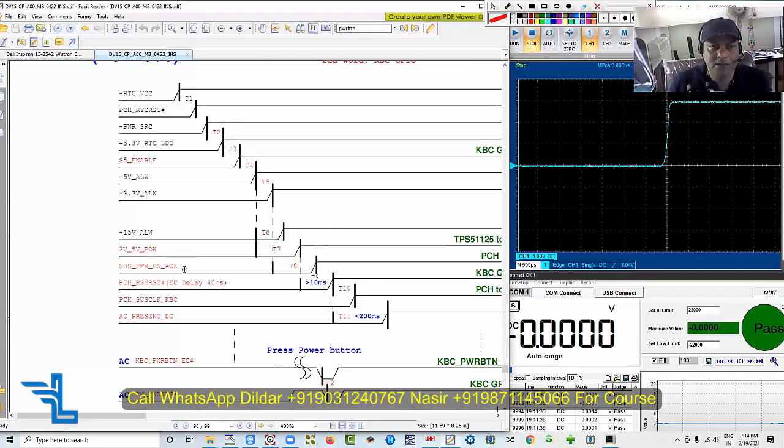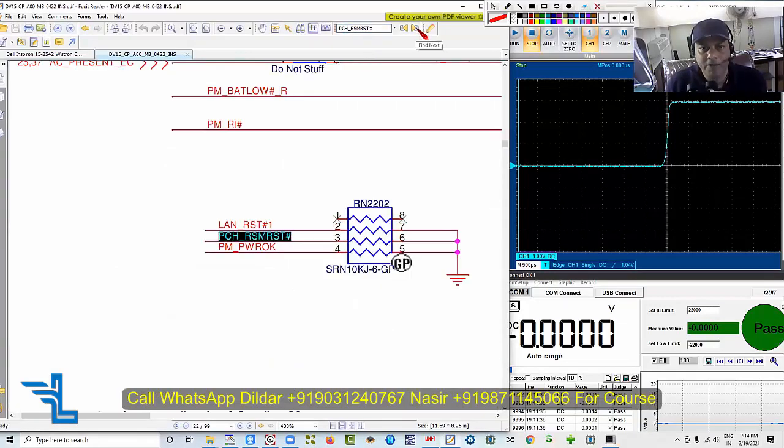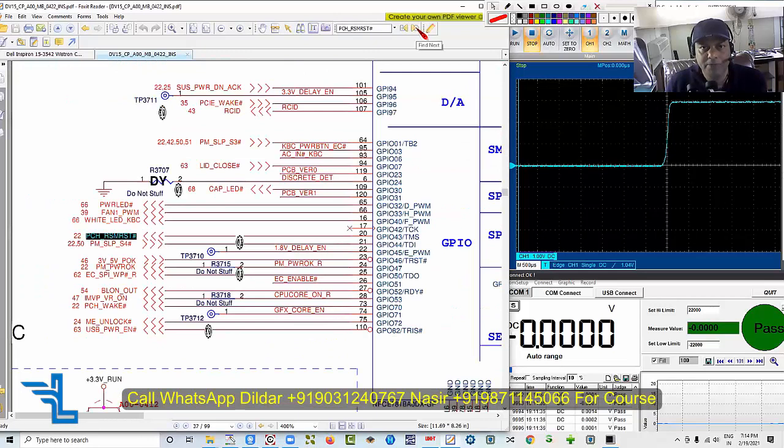However, one thing is very important here: this particular signal must not be grounded. If it is grounded, then it will stop releasing SLP S4 and SLP S3, and the PCH will not work ultimately. The PCH RSM reset. Now let's check, this is the most important signal, the resume reset. First, we have to find the IO pin.